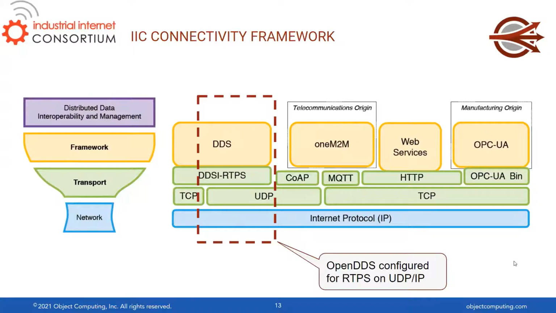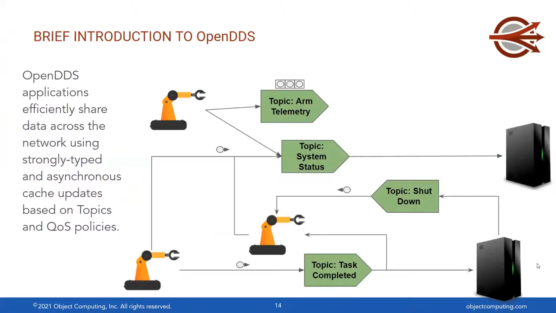So since we are talking about OpenDDS and how it's used to address these needs of an IoT application, let's talk a little bit more about DDS and OpenDDS so that we all have some common background in terminology and how these systems work. So OpenDDS applications efficiently share data across the network using strongly typed and asynchronous cache updates based on topics and quality of service policies. In this diagram, we see that a number of robot arms are all part of a distributed system.